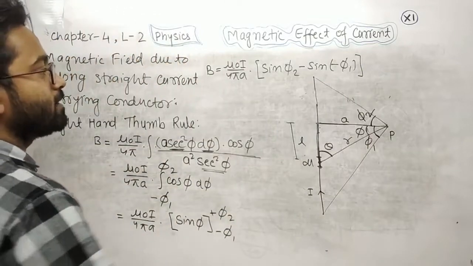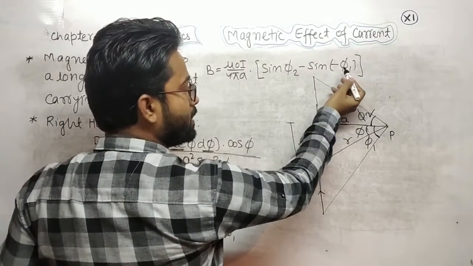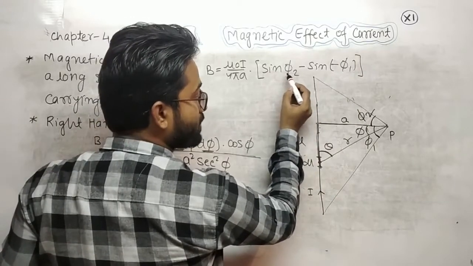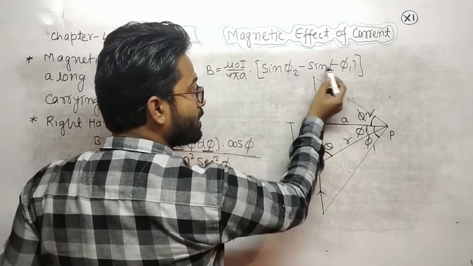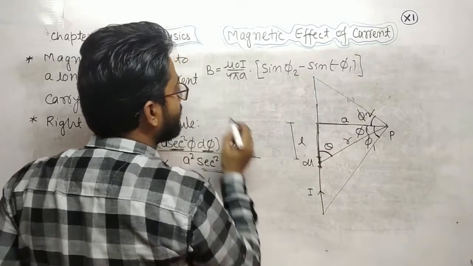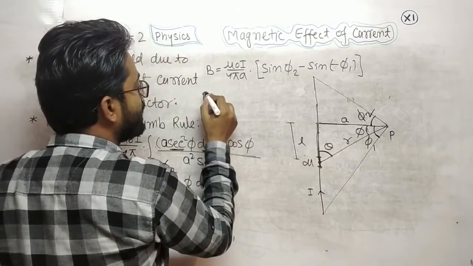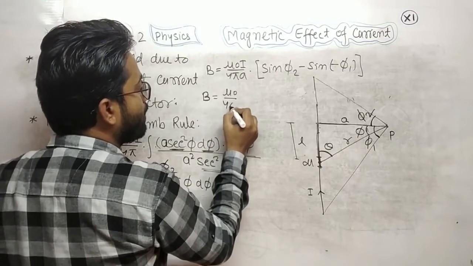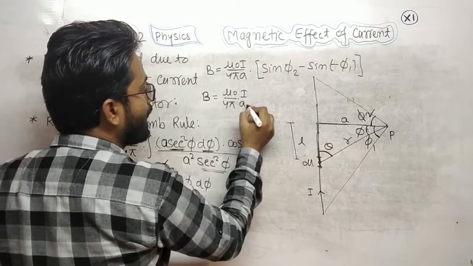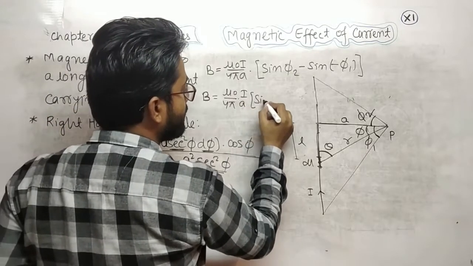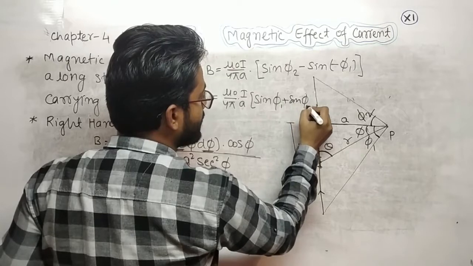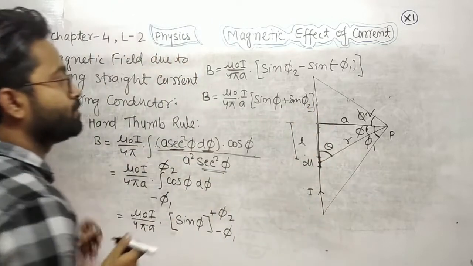You all know that sine minus theta is equal to minus sine theta, that means sine phi 2 will become plus sine phi 1. Final answer is B is equal to mu naught upon 4 pi, I by a, sine phi 1 plus sine phi 2.